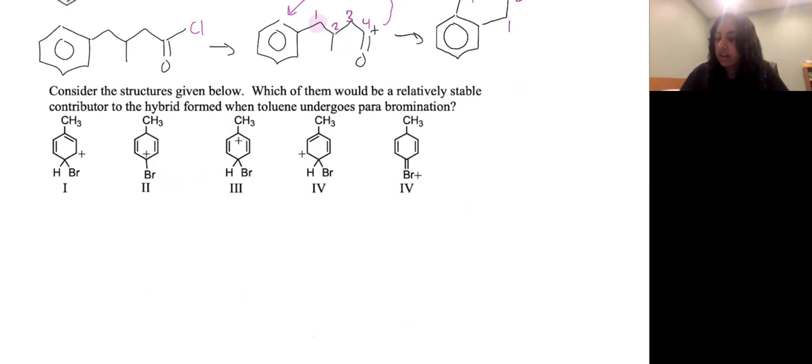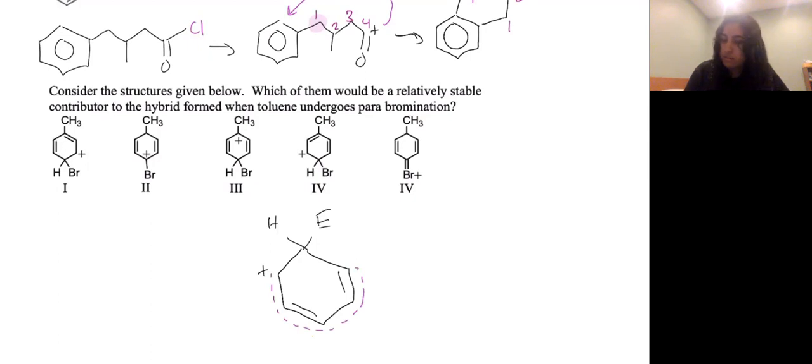So you have a carbocation that's being stabilized like this. And then the carbocation is just delocalized around those conjugated carbons. So it can be in any of these 3 or 5 positions. It can be in here, here, or there.